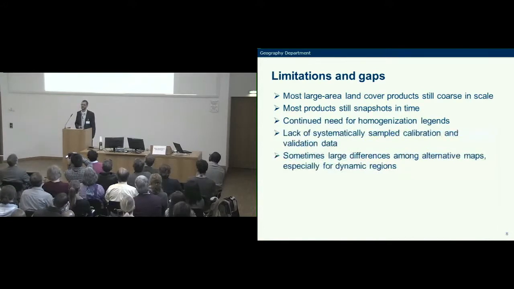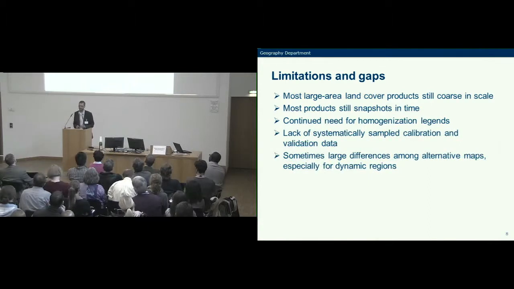Most global products that we have are still relatively coarse in scale, relative to the processes that we're usually interested in, the land change processes that we are interested in. Most products still represent snapshots in time. Or if we have time series, they are quite short, 10 years, maybe 20 years. There's a big and continued need for homogenization of legends. It's not straightforward to compare different land cover products to each other.